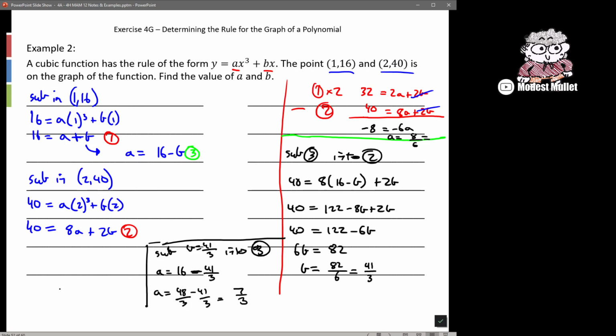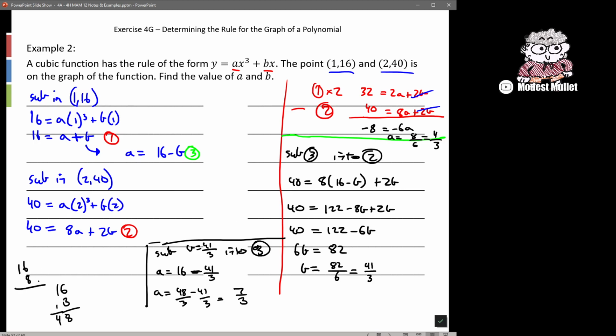Did I do that right? 16 by 3, 3 6s in there, 3. Yes. Okay. Right. I'm getting something wrong here. That was 4 on 3. What have I done wrong?